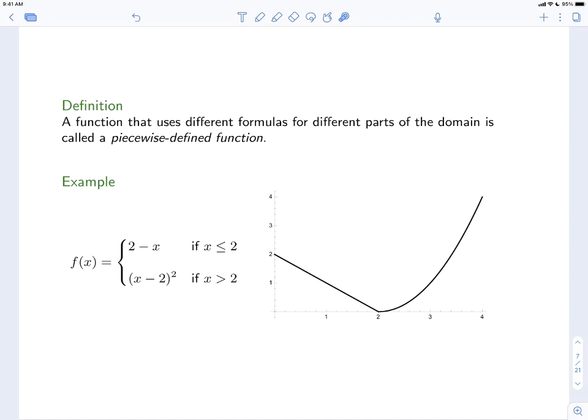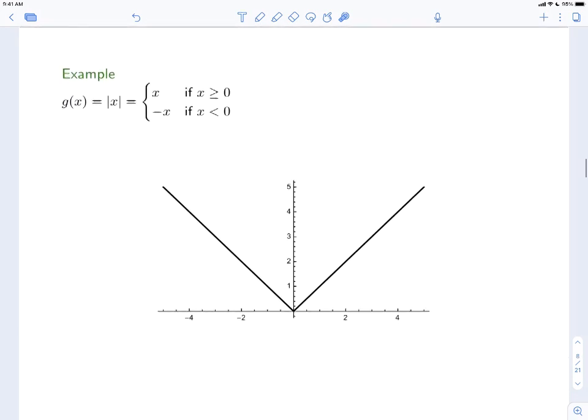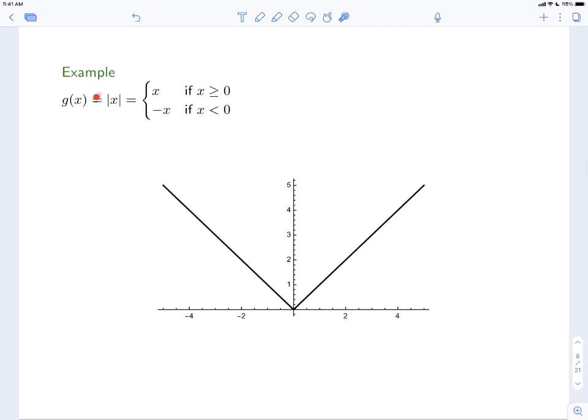Lots of functions are piecewise defined, even familiar functions. For example, the absolute value of x. The way you think about the absolute value of x is you think about it as giving you the distance away from 0. In terms of the graph, it has this V shape. The output depends on what the input is. If x is positive or 0, then the output is just x again.